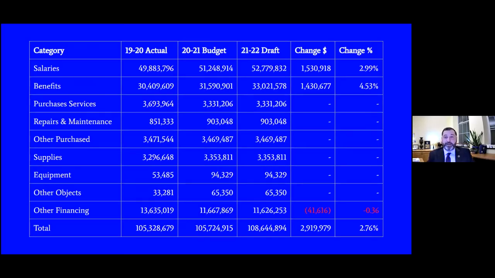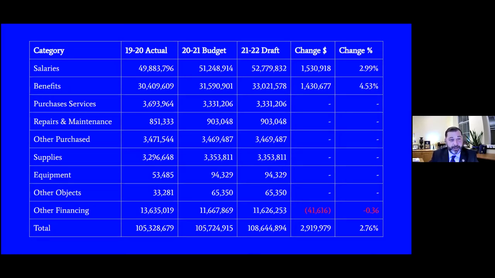So I broke each category out on a single-digit object function, and this is, again, our increases. As you can see, just under 3% for across-the-board salary increases, and that is teachers matriculating through their STEP system, custodians who are currently negotiating a CBA, and then all of our other employees.